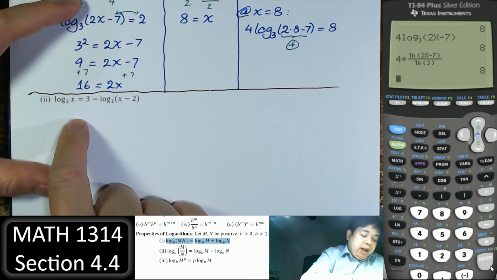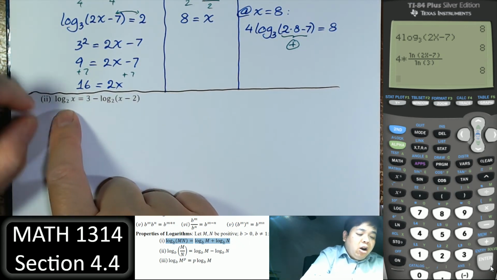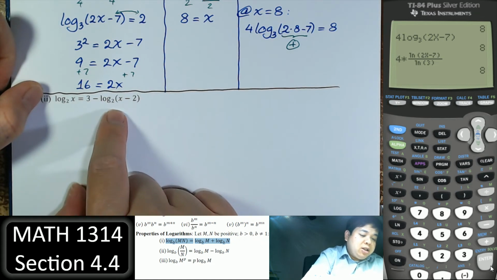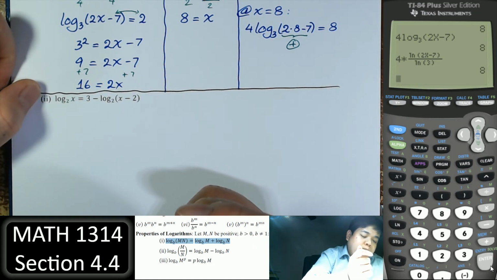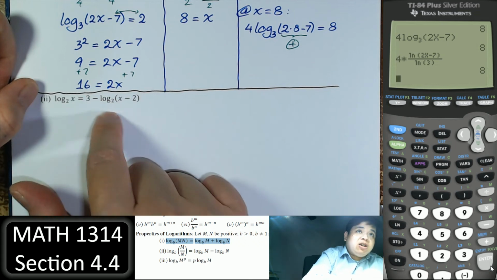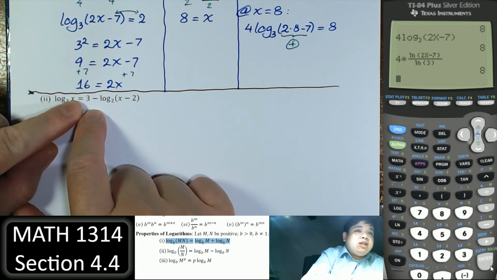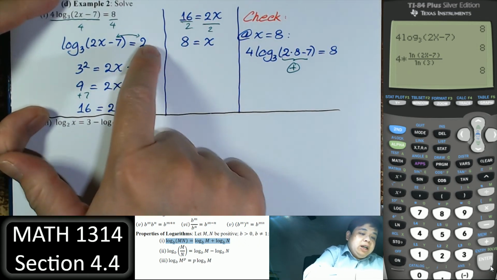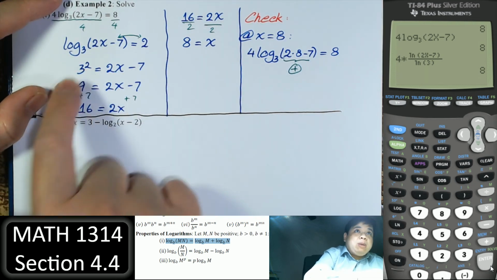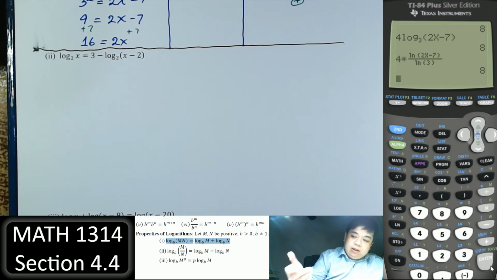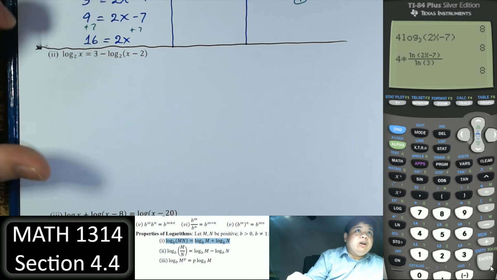What we have next here is log base 2 of x equal to 3 minus log base 2 of x minus 2. So we have the logs here, the logs there, but there's a constant. Every time there's a constant, we need to convert it, so we can swap to exponential form. First, I'm going to move that to the other side.